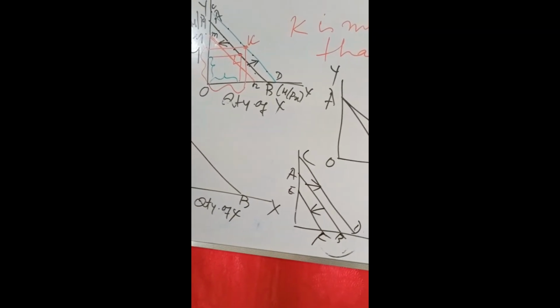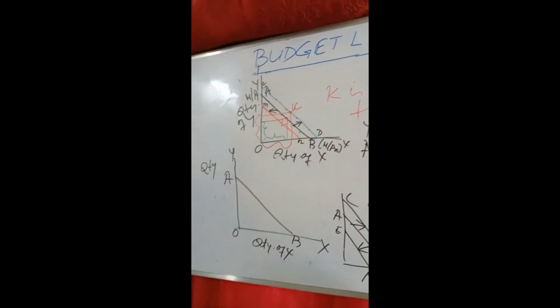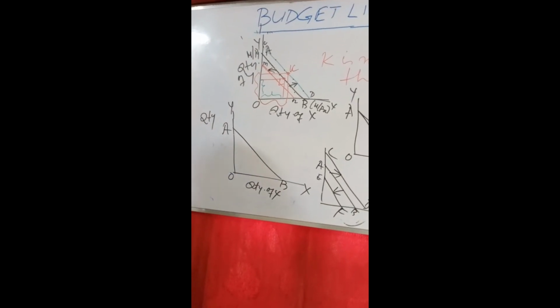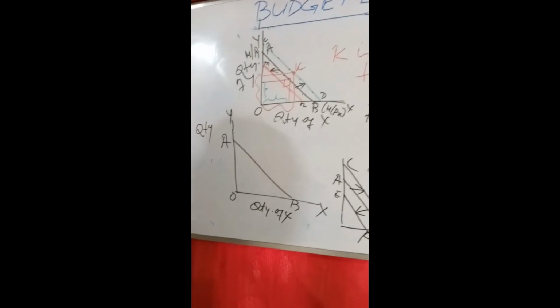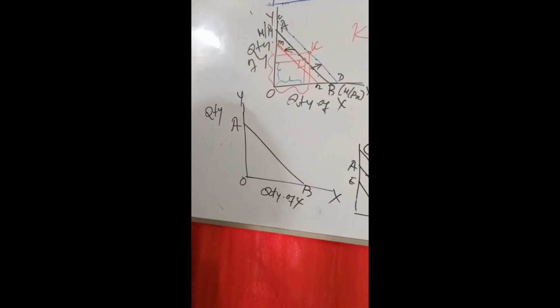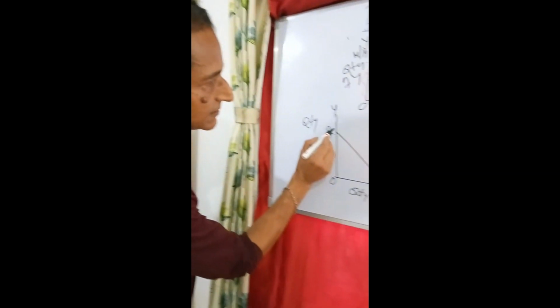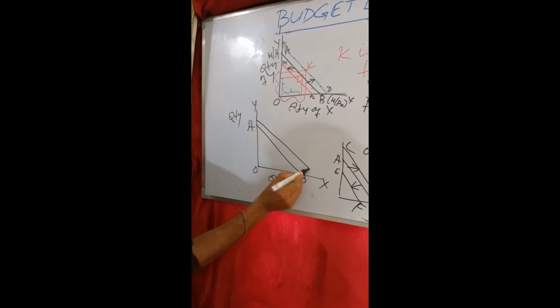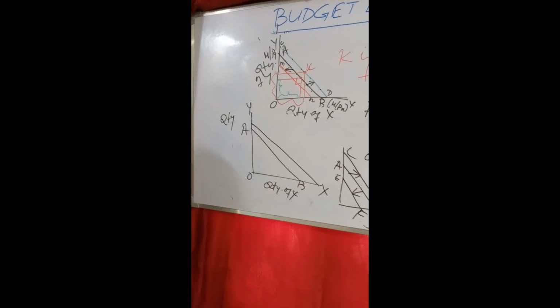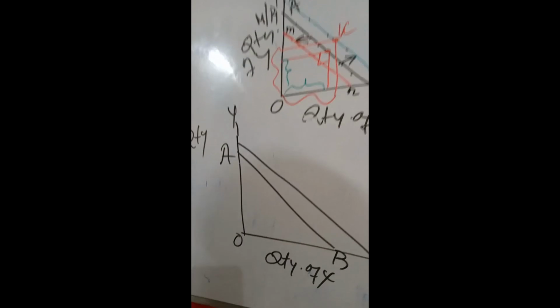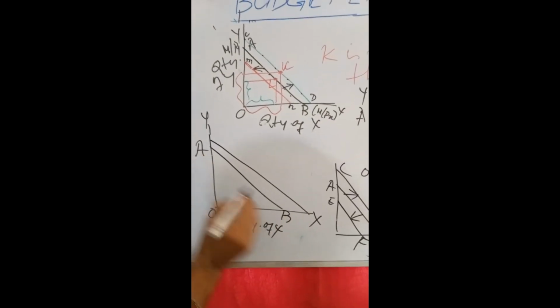Now, if prices of X and Y both fall but not proportionately, then the slope of the new budget line will depend upon in what proportions they are falling. If price of X falls in larger proportion than price of Y, then this will be the new budget line, say CD.